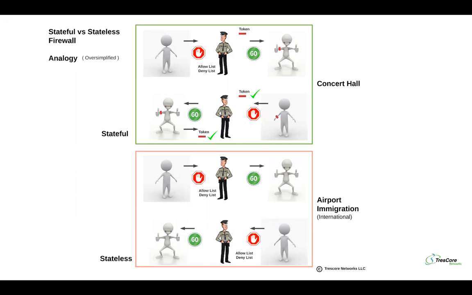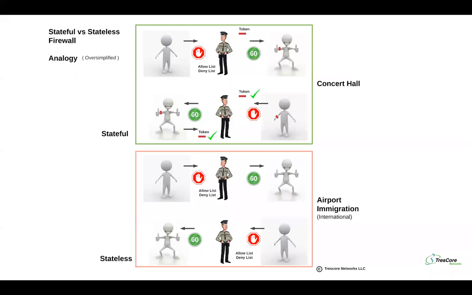And then they give you a tag. Sometimes you can use the same tag on the way back because you already have a tag. You can go back and forth. You're through. You don't have to be checked again and again, right?